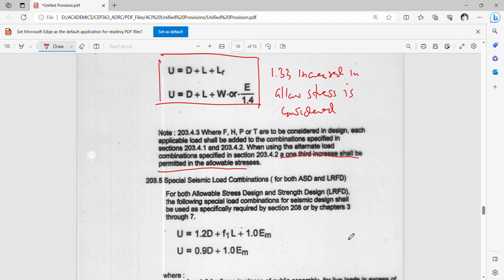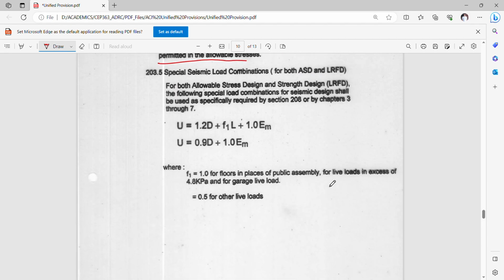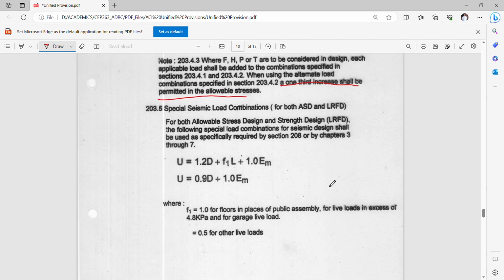So for the special seismic load combination, this can be done using both ASD and LRFD. Basically this is also an LRFD method, special in the sense that it has to refer to the special provisions of the NSCP. I will be discussing this to you later.